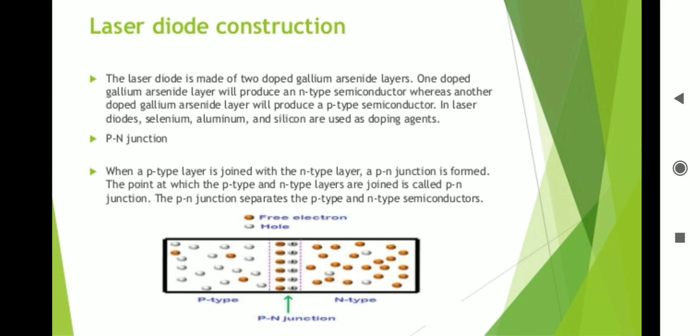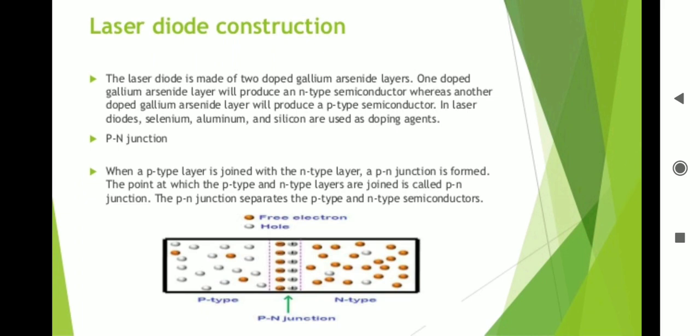Further, the laser diode can be either edge emitting or surface emitting, depending on whether the laser is emitted in the direction parallel or perpendicular to the material.